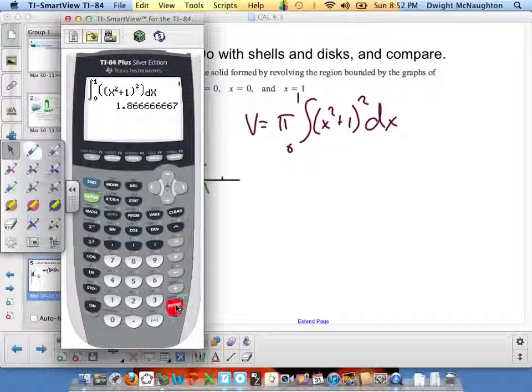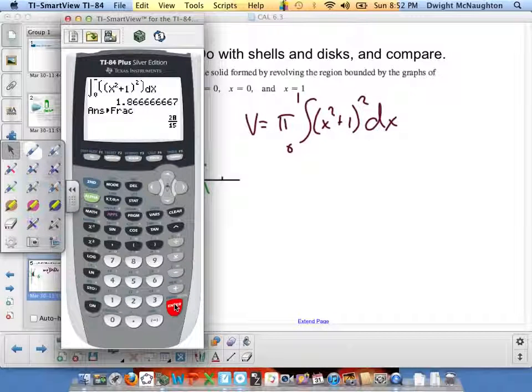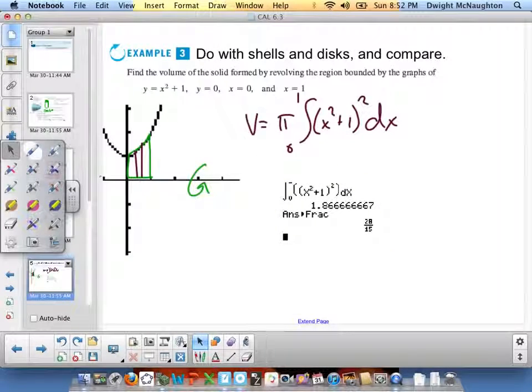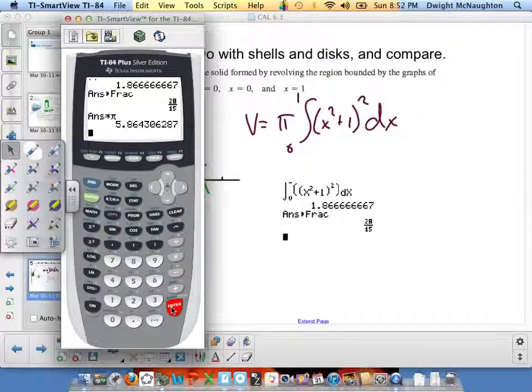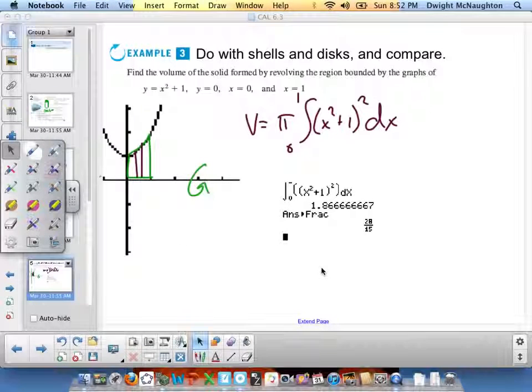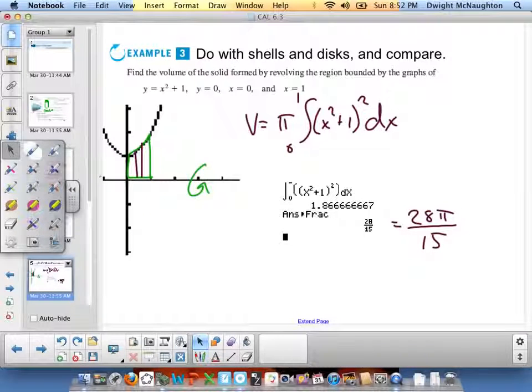I like an exact answer, so I'm going to convert that, and I'm going to say that that is 28 pi over 15. If you prefer decimals, just take your answer times pi, and we can say 5.864. Like I said, I am more for 28 pi over 15.